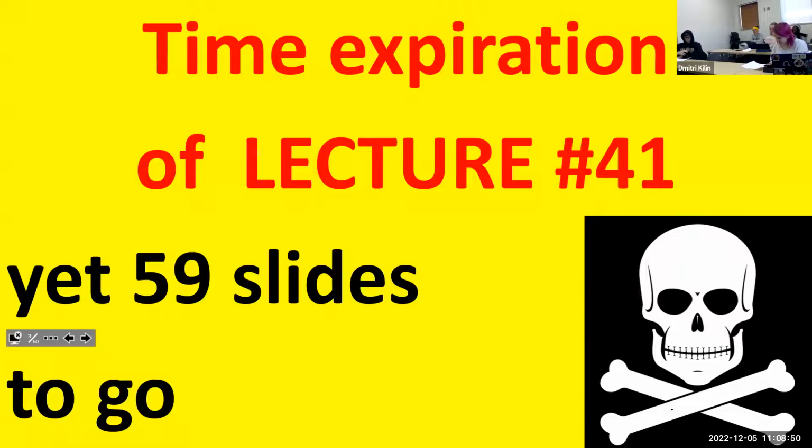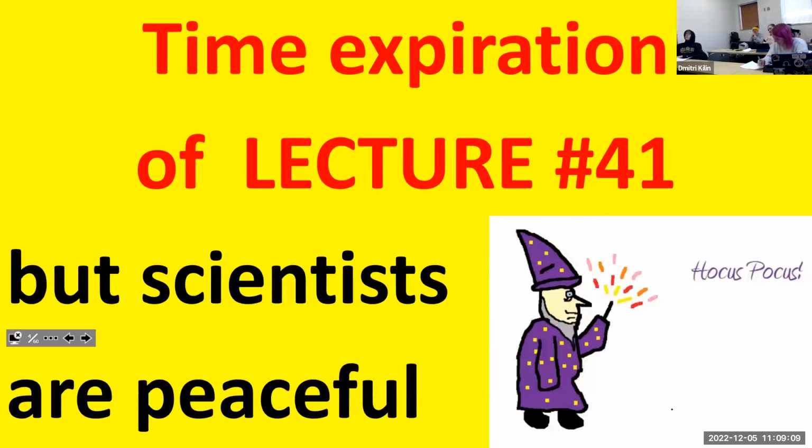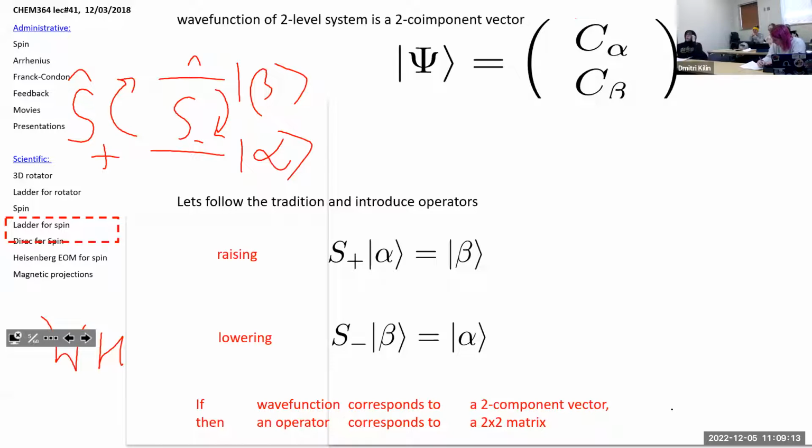And it was about to be shown in the middle of the previous lecture, but we didn't reach this point. I was just going to say that we have more material to go, and then I decided, no, that is not a good thing for the class. Actually, the scientists are peaceful. But I still need to go.